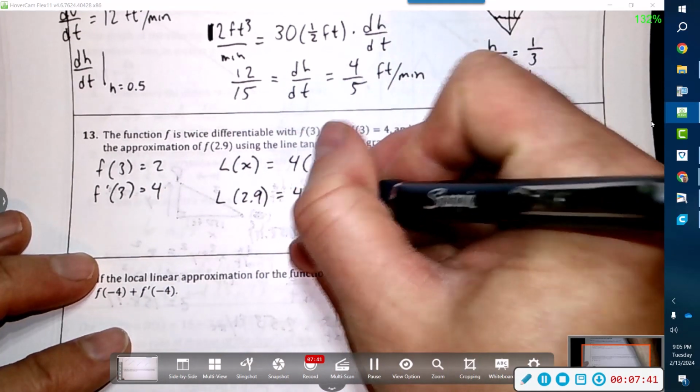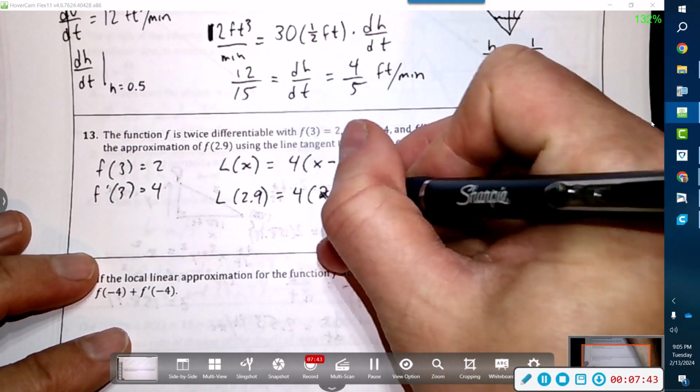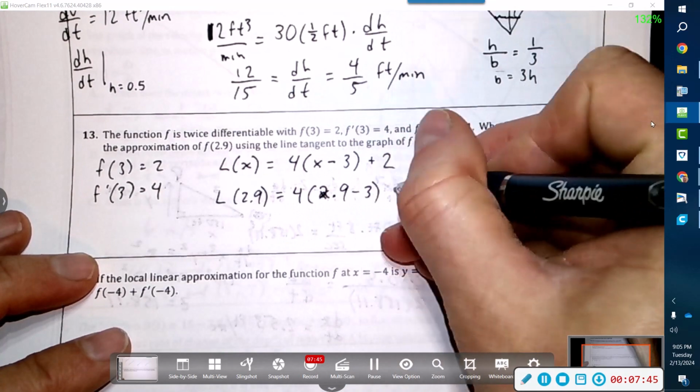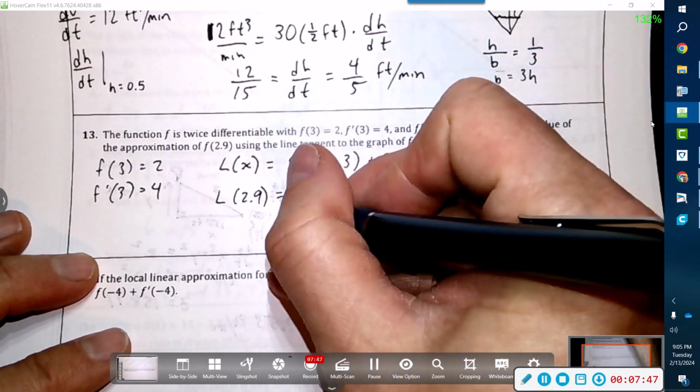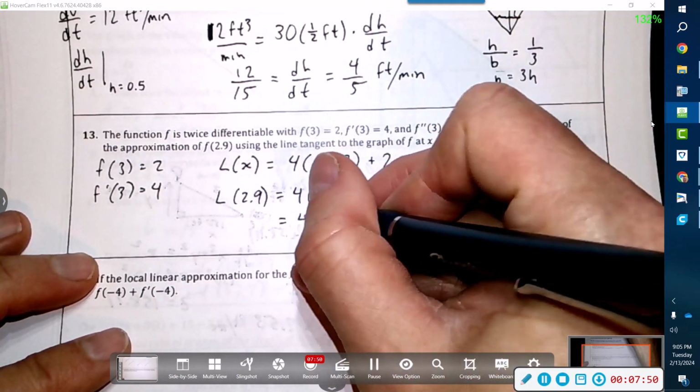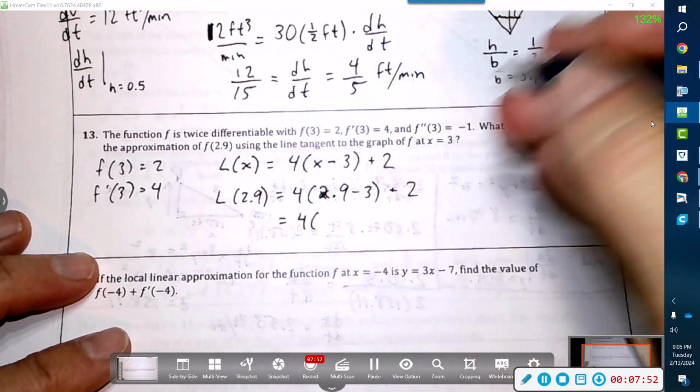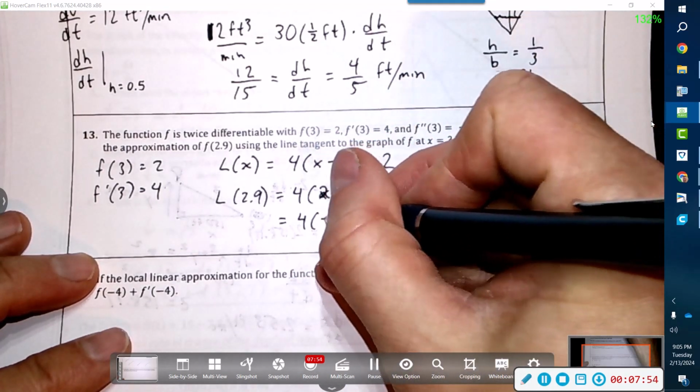So 2.9 minus 3 plus 2. This is something that you can do in your head.